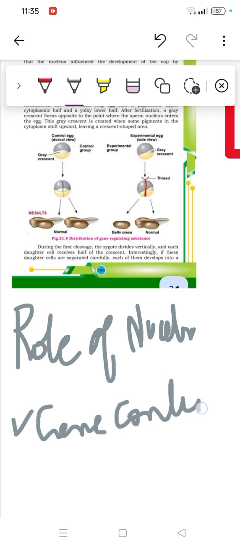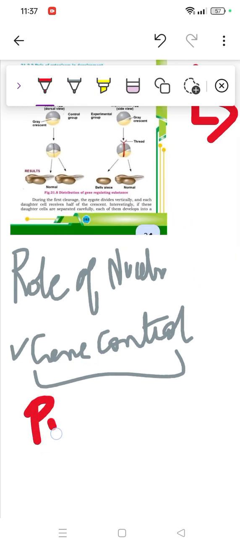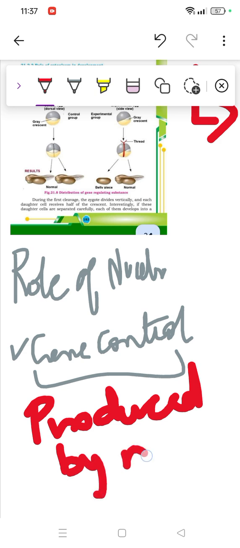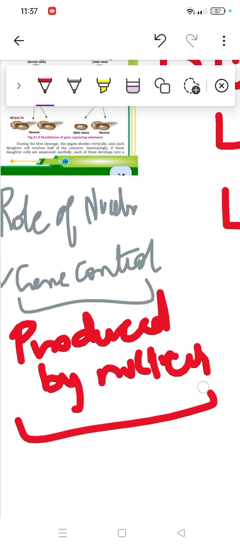This gene expression is basically produced by the nucleus, and when we talk about where we find this, we find it in the cytoplasm.